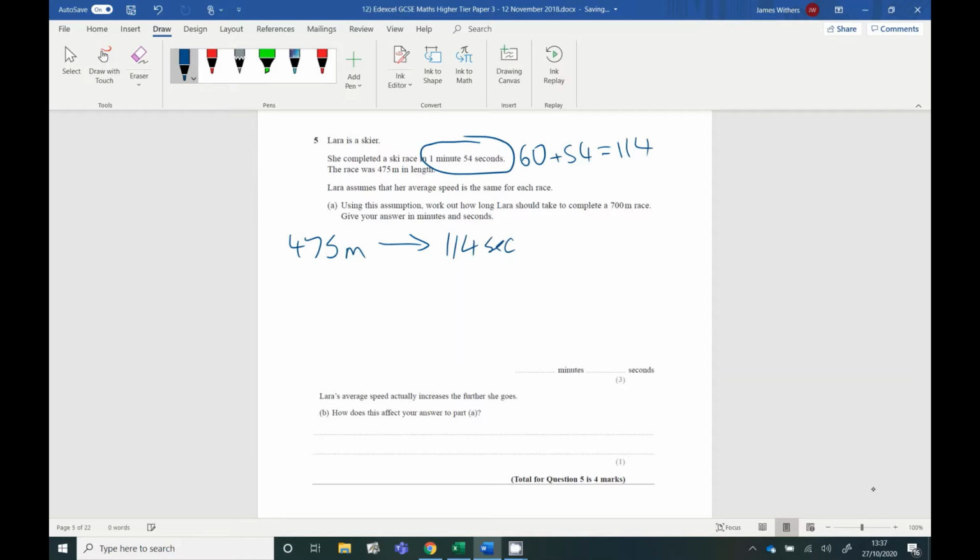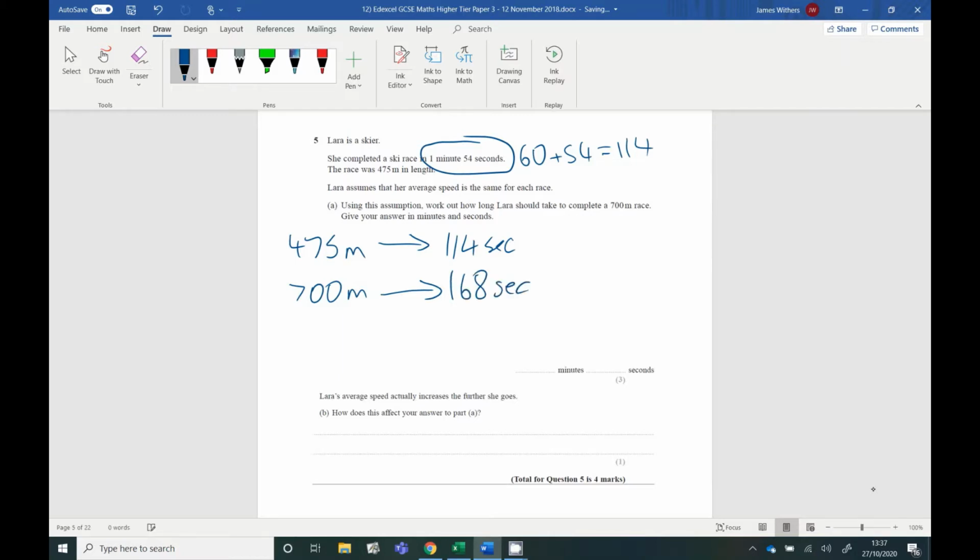Now, assuming they go at the same pace, how long would it take Lara to complete a 700 metre race? So 114 seconds for 475 metres. If we take our 114 and divide by 475, that tells us how many seconds it should take to do 1 metre. Then multiply this by 700, we get 168 seconds.